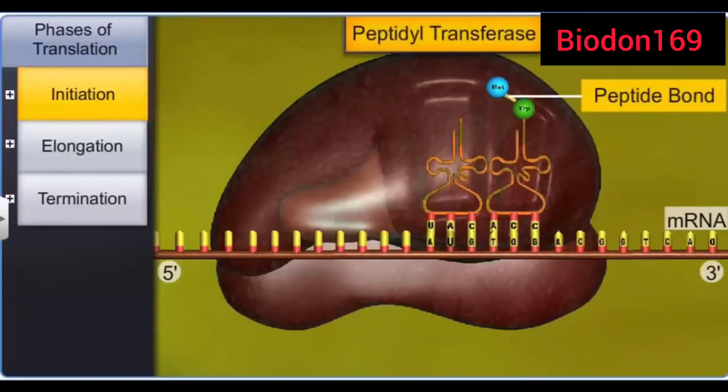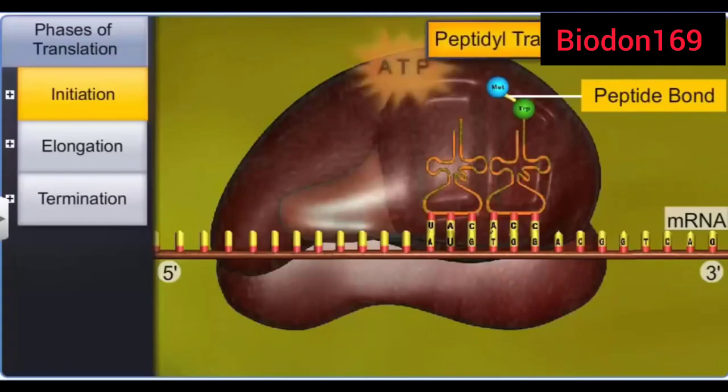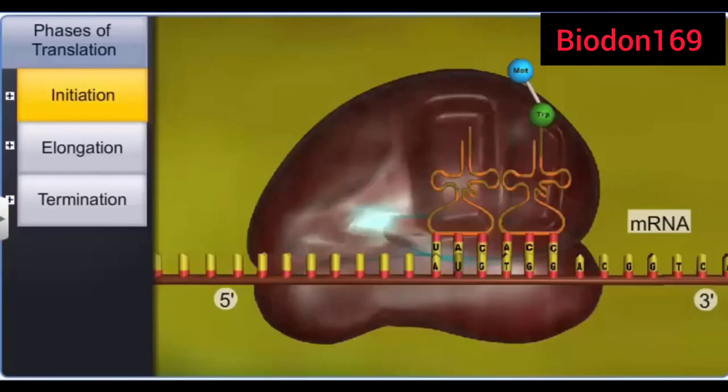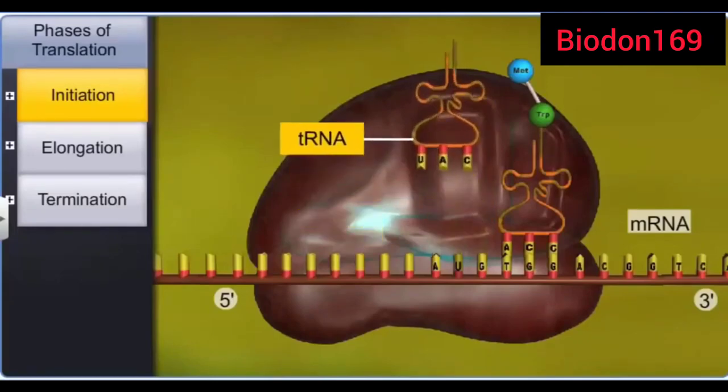The formation of this bond requires energy, which is obtained from ATP. Simultaneously, the first peptidyl tRNA gets removed, leaving the amino acid.